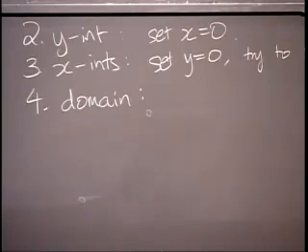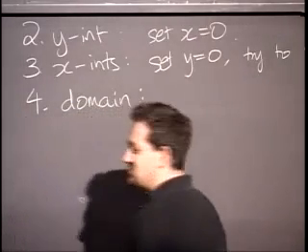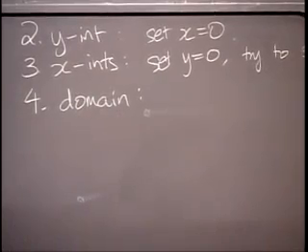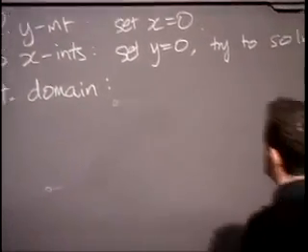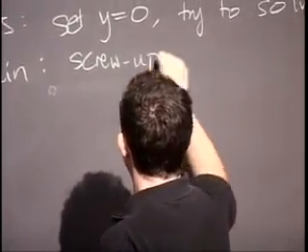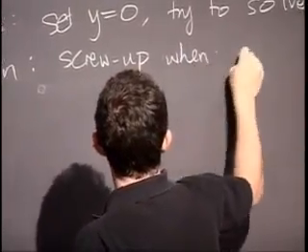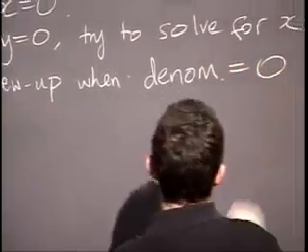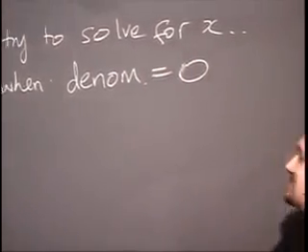What is a screw-up? That's not a very technical term. I would try to avoid using the word screw-up when you write your midterms or your finals. But nevertheless, I want to have this idea that you have a screw-up when the denominator is 0. That's normally a death knell for the function to be defined there.